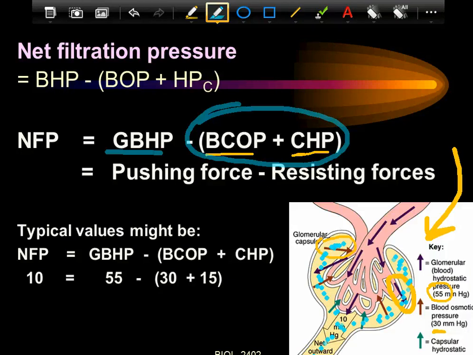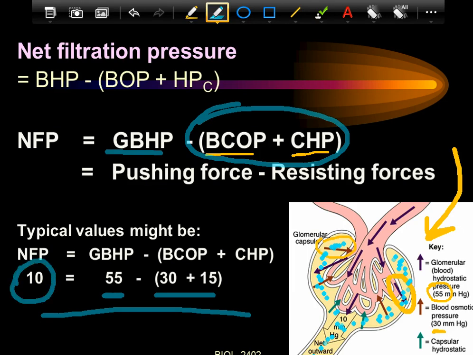That's net filtration pressure. So down here I've given you some sample numbers just again to get you to understand this. If you add the two inward forces trying to pull plasma in, you get 45. Your outward pressure is 55. That means you still have an outward force of 10. There's still going to be production and leakage of plasma accumulation out there in the capsule.